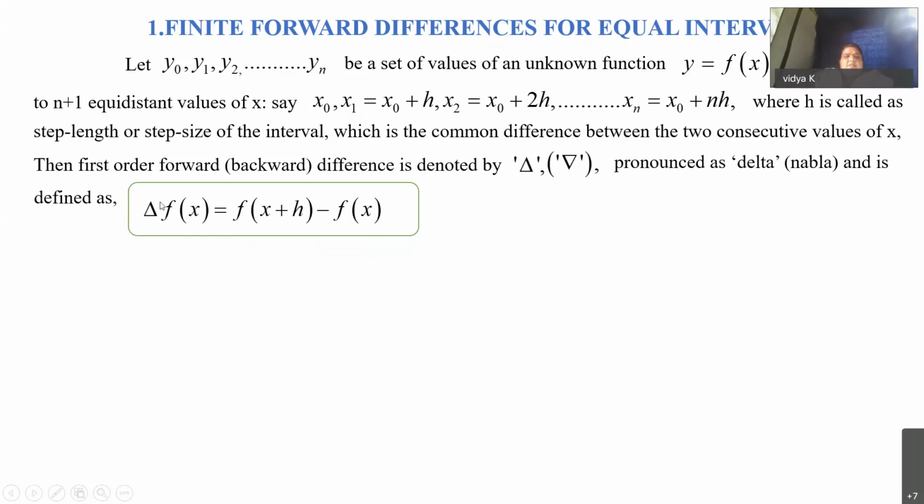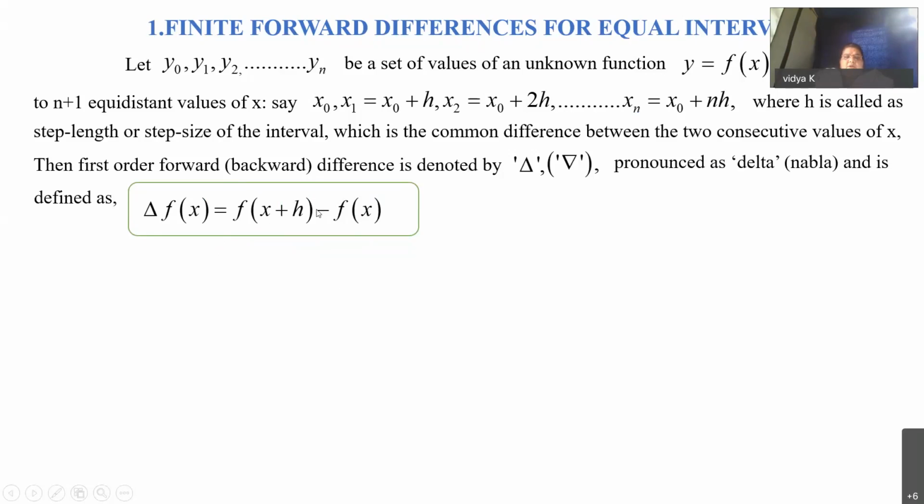As the term forward says, we have to go for the forward value of x. If you add h to x, you get the next value, x plus h. So its functional value you have to take first. First go forward, get the functional value of the next value of x by adding the step length, then subtract. Again the name indicates forward difference.